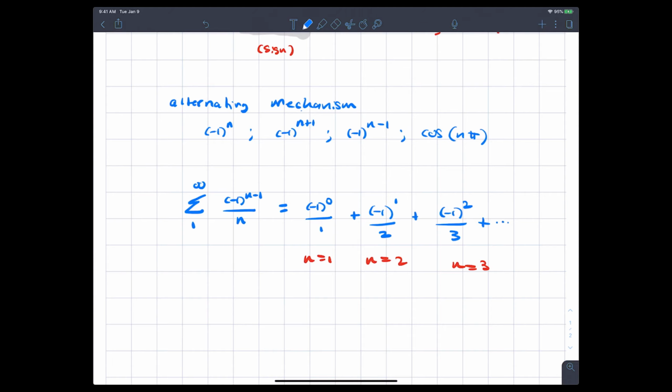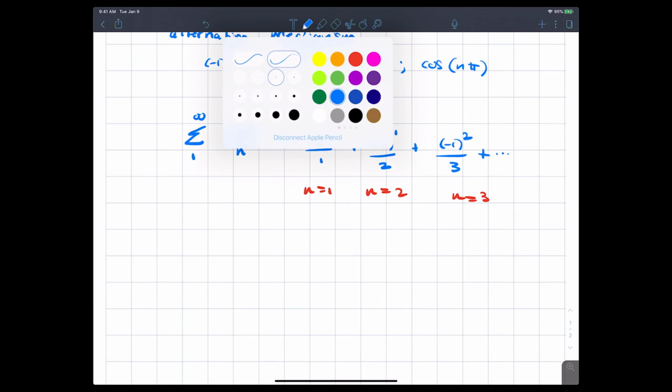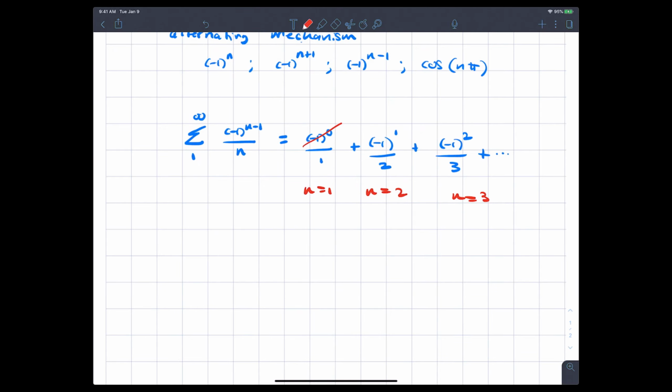When you look at this, you might ask, what does this really look like? Well, the first term is 1. Negative 1 squared is 1, and negative 1 cubed, the next term, will be negative 1.